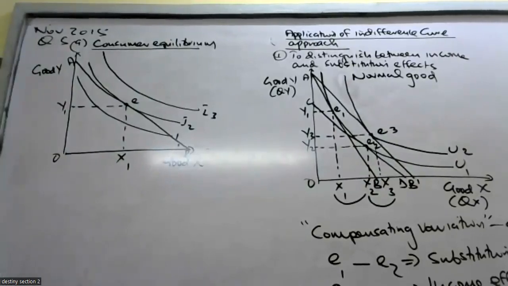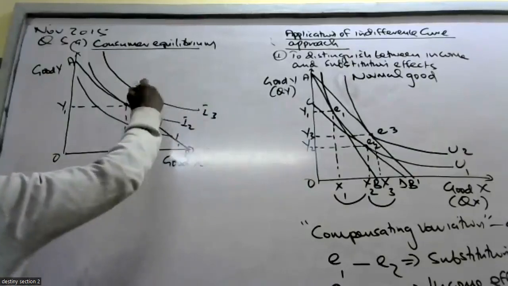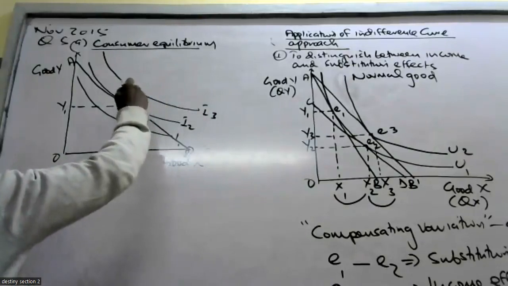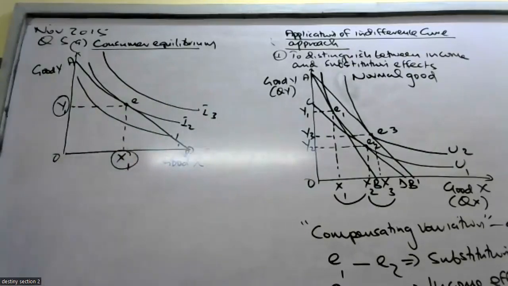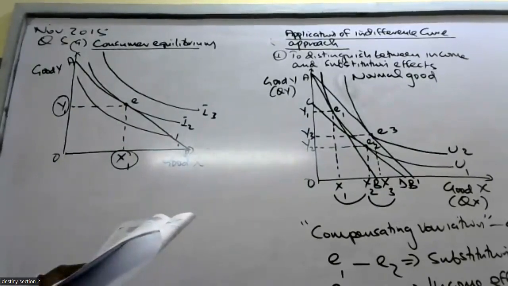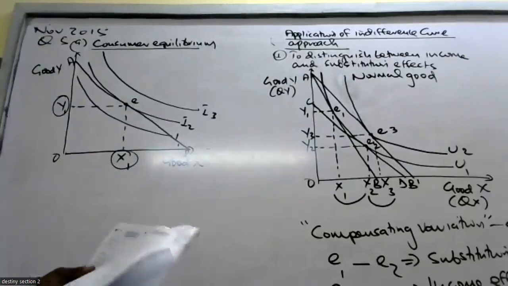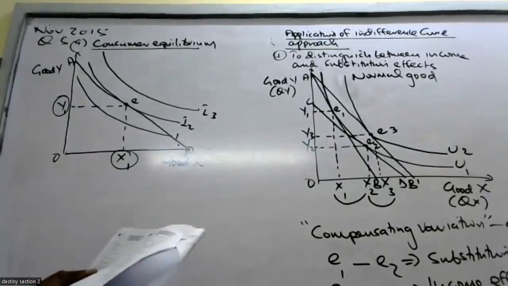So budget line AB touches the indifference curve I2, forming an equilibrium point E1. Y1 units are consumed of Y and X1 units of X. So that's part A. And of course, you have to explain that for 6 marks. So there will be marks for the diagram and marks for the explanation.